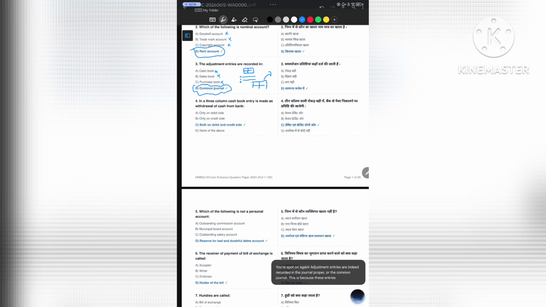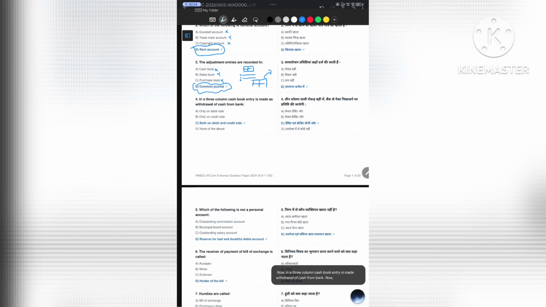Now this is: in a 3 column cash book, entry is made for withdrawal of cash from bank. Now they're saying, you know how this is the balance sheet, right? There is debit and credit, there is asset and liabilities here, right? Asset might be written as bank, with an amount written here.